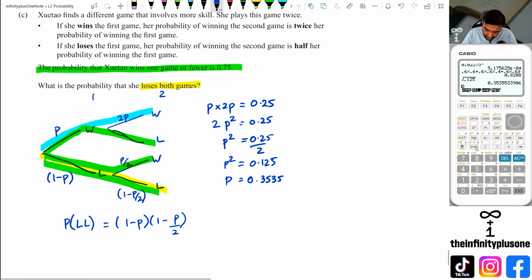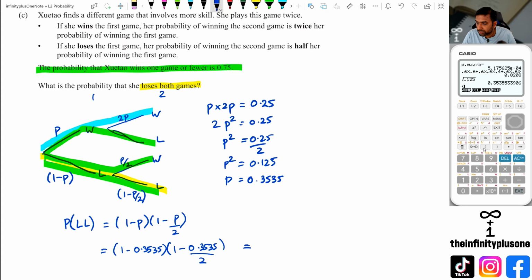And because we found out that P is equal to 0.3535, I am just going to put this straight in the calculator. So I'm just going to go 1 minus answer, because that's what my P value is, multiplied by 1 minus answer, but then divided by 2. Convert that. So that should give us an answer of 0.5321.